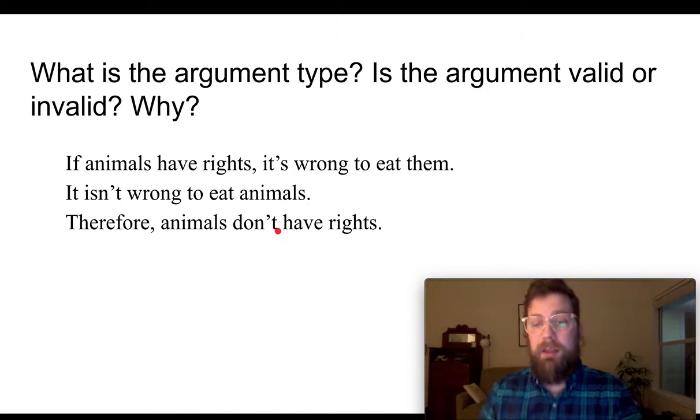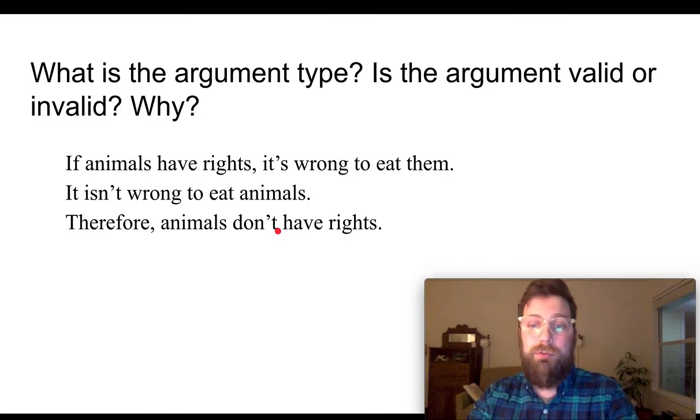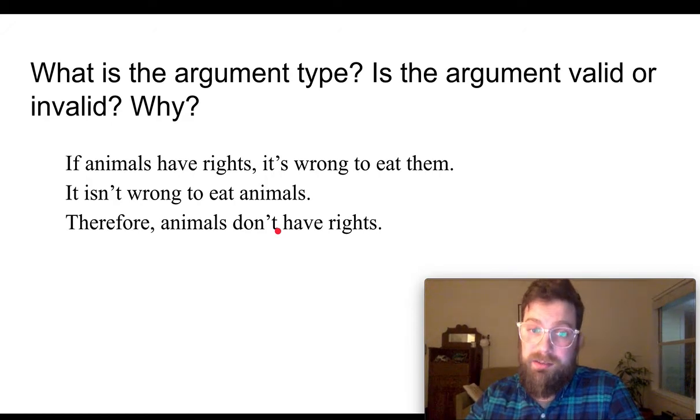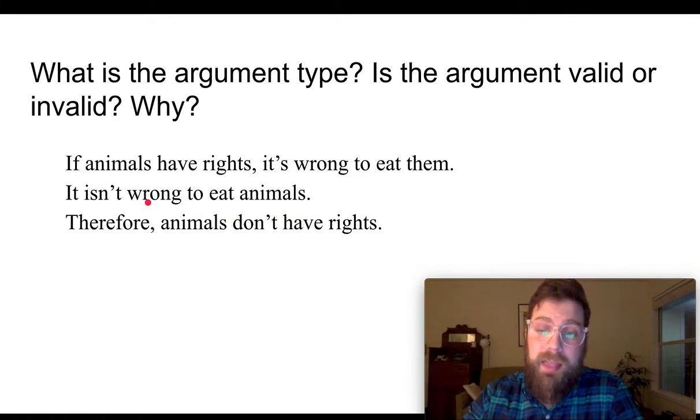Now, you might have a different opinion about this argument, right? You might think that it actually is wrong to eat animals, right? And in that case, you might think that this argument is unsound, right?